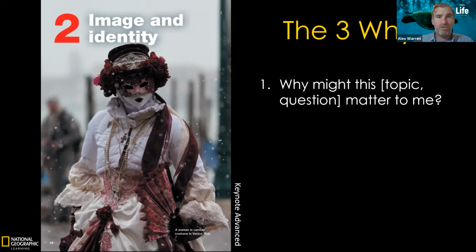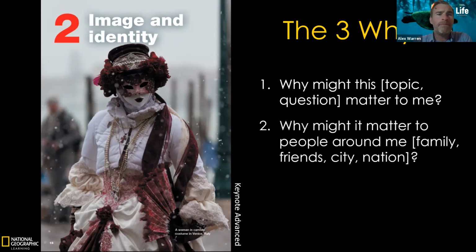We then maybe stretch that a bit more. Why might it matter to the people around me? My family, my friends, my city, my nation. So we all know that different areas of a country, different cities have their own identity. Coming from the south of England, we have a very different identity to the people that come from the Midlands or from the north of England.